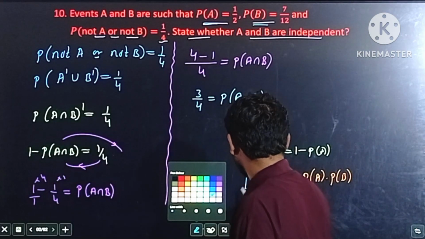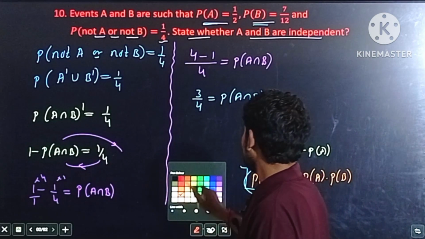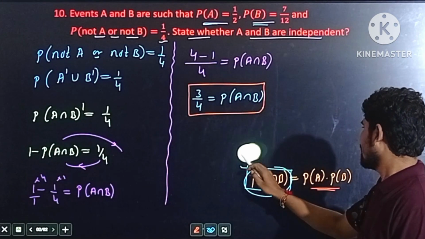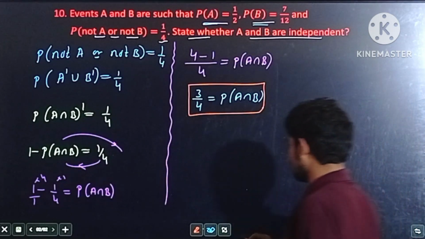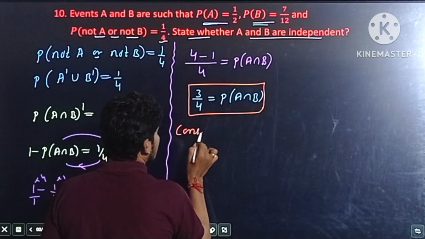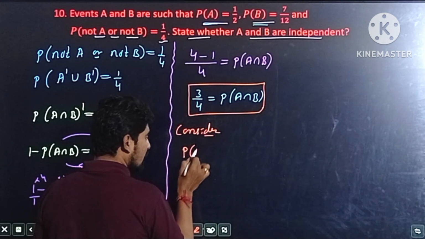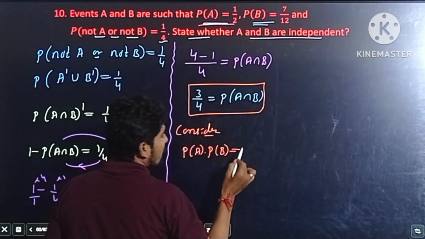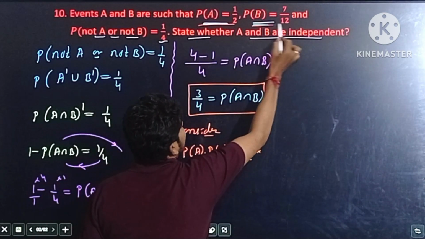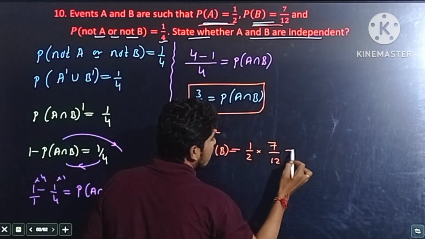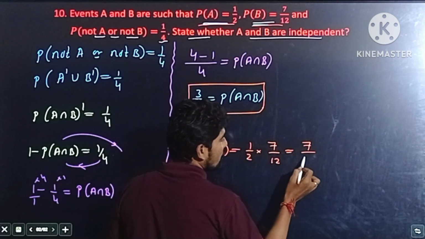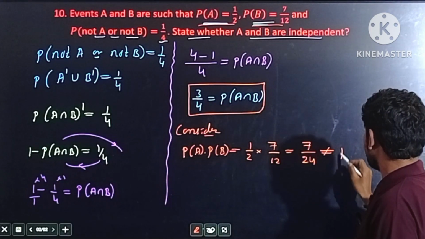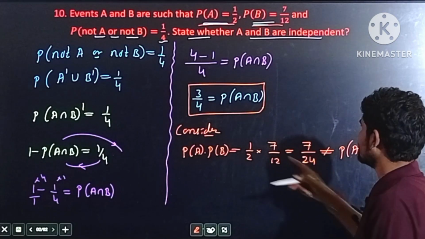So we got probability of A intersection B, and we need to identify what? The value of probability of A into probability of B. Now consider probability of A into probability of B, which is equal to probability of A, 1/2, into probability of B, 7/12, which is equal to 7 divided by 2 into 12, that is 24, which is not equal to probability of A intersection B, since probability of A intersection B is 3/4.